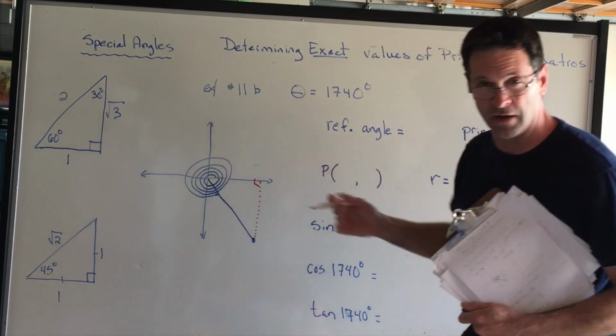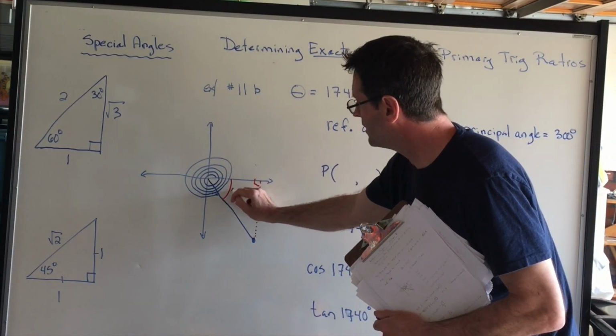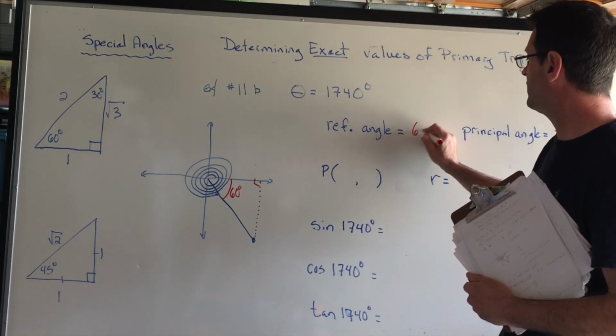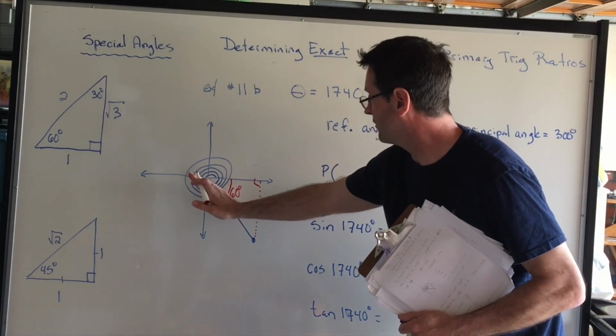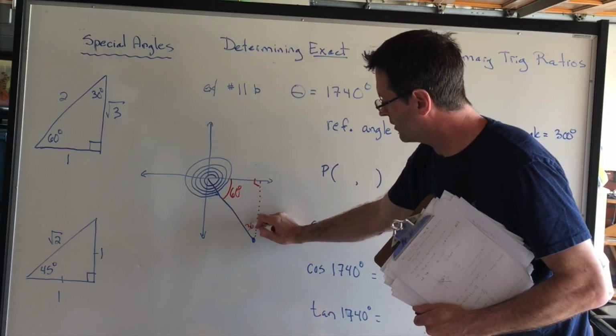This is just a triangle that we can use to find some measures. The reference angle is 60 degrees. 1,800 minus 1,740 is 60. And if that's 90, that makes this a 30-degree angle.